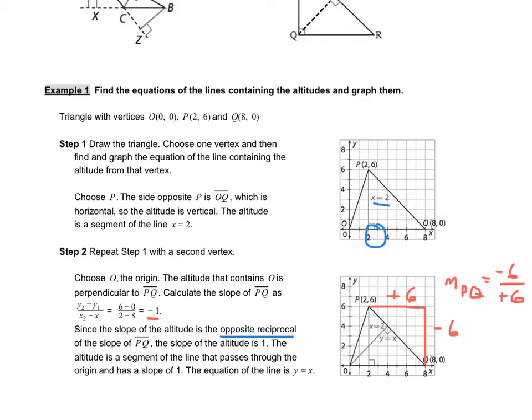The opposite reciprocal: opposite, change the sign; reciprocal, flip the fraction. This is kind of like having -1 over 1 when I think about it as a fraction, so the opposite reciprocal would be +1 over 1, or +1.